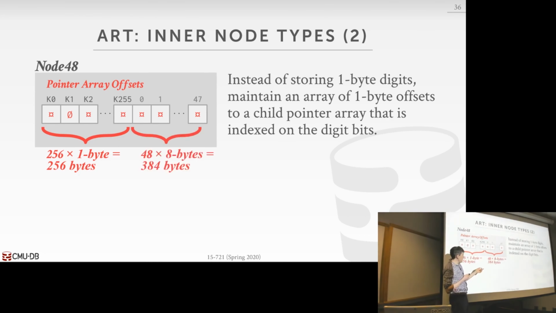And then these are going to be up to 48 pointers, and those are going to be 8 bytes, because they're not doing the fat pointer thing as you do in Judy, and that'd be 384 bytes. So put together, this node total is 640. The node 48 means that at most I can have 48 child pointers. So a bunch of these are going to be null, but I'll have at most 48 digits in this array.